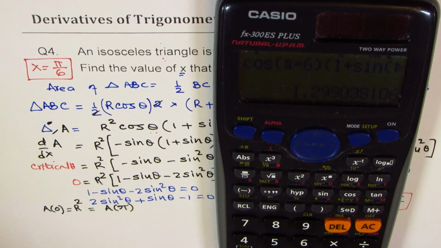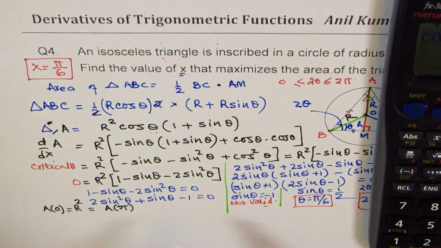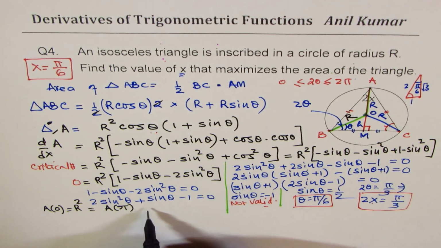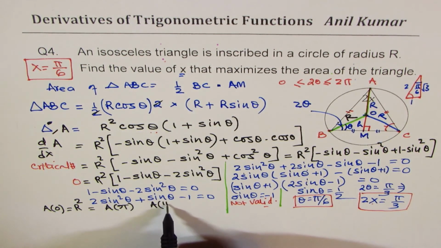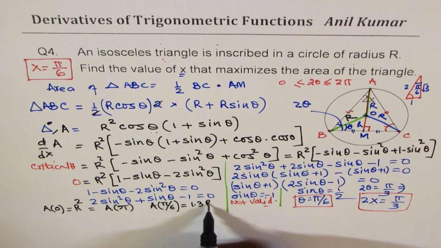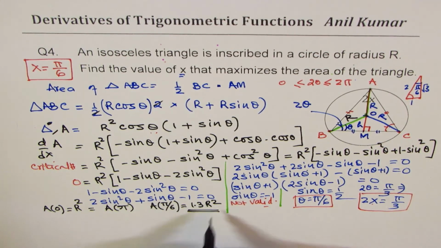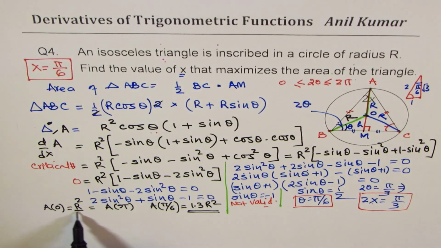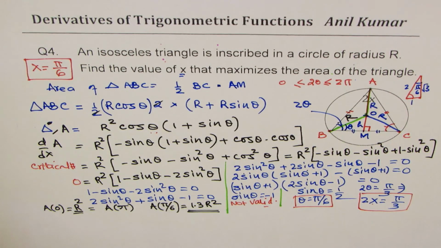So it is 1.3 times r square. So the area for pi by 6 is 1.3 times r square, which is indeed greater than r square. Do you see that? So that is why it is the maximum area.